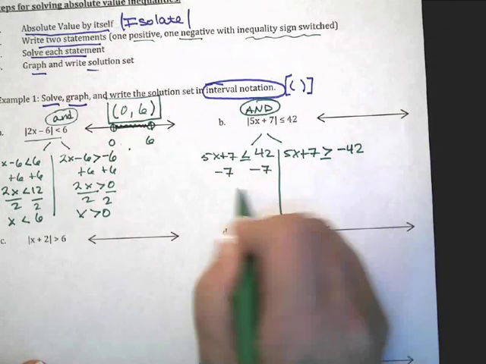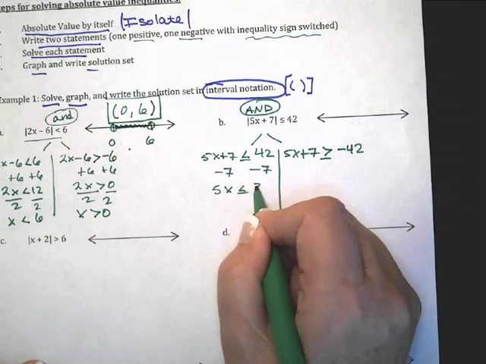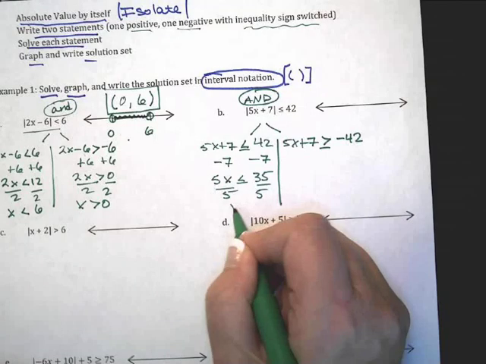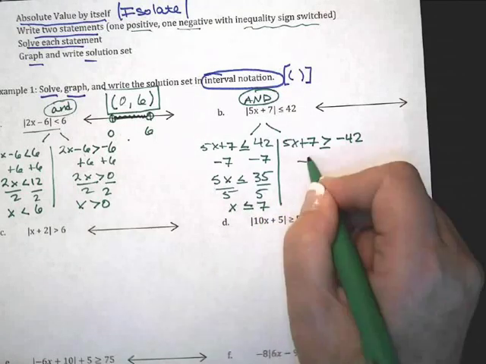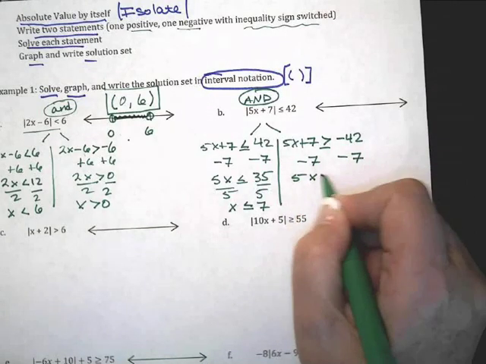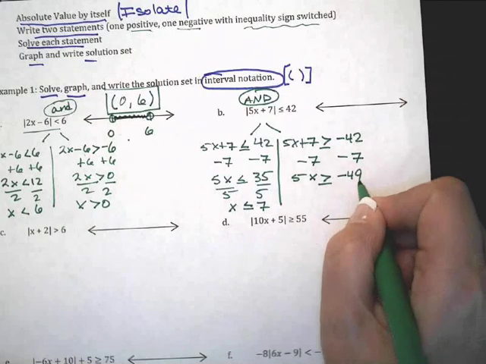Solving each one of these inequalities by subtracting 7 and then dividing by 5, I'm getting x is less than or equal to 7. 5x is greater than or equal to negative 49.